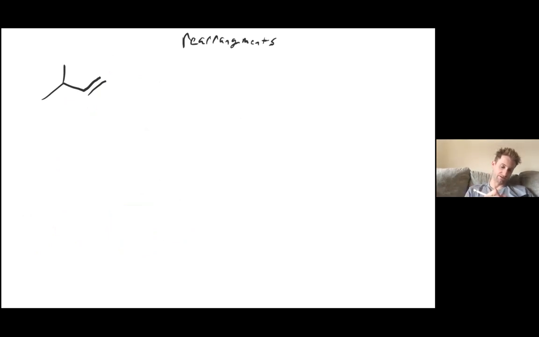There's going to be hydride shifts and there's going to be methyl shifts. Our hydride shifts I'm going to talk about first.